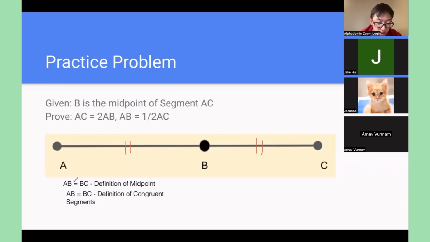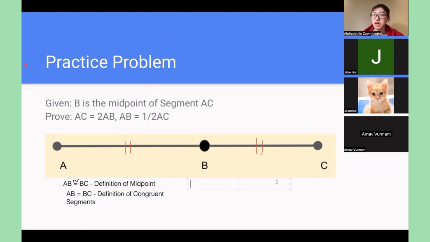This is a very important thing when you're doing geometry: the difference between congruent and equal. When you say they're equal, you're saying they have a numerical value, so you can add segments. If you just say they're congruent, you cannot add them because they don't have a numerical value attached to them, in a sense.